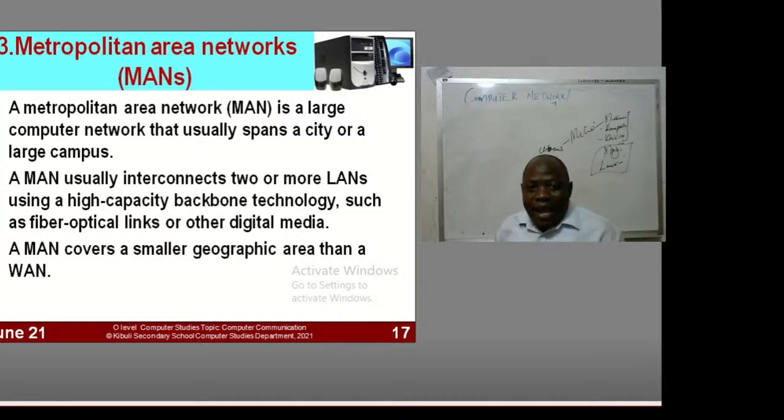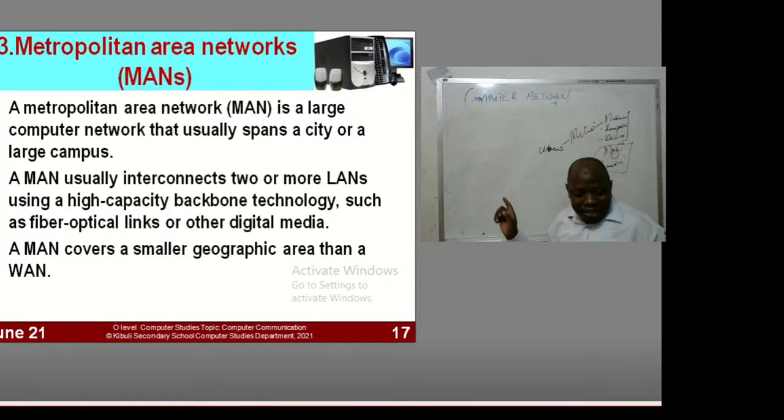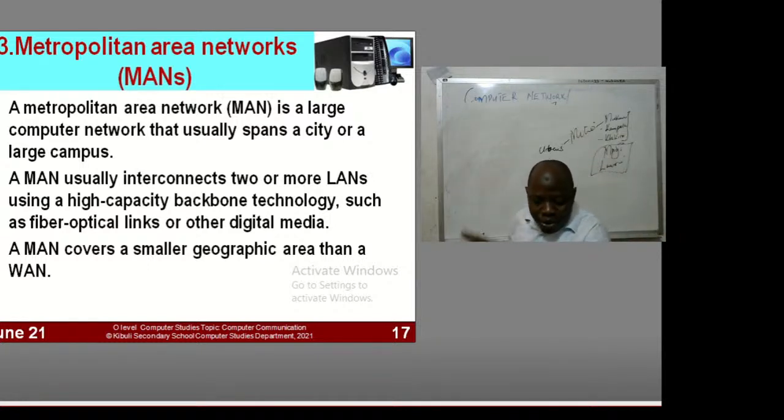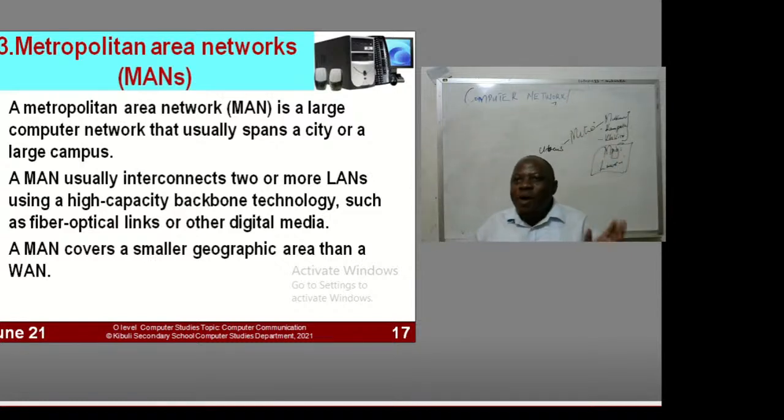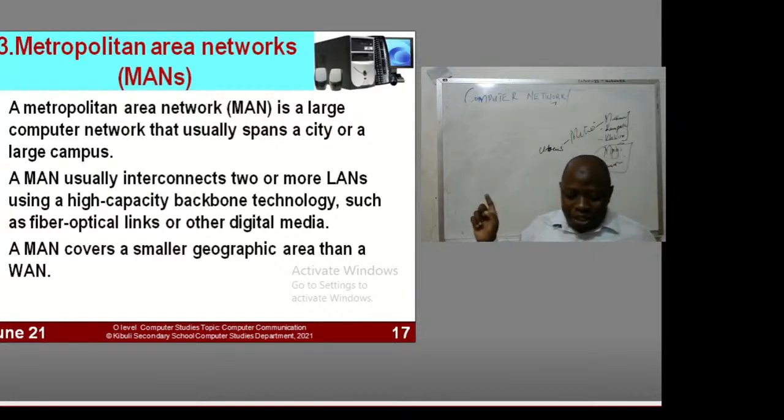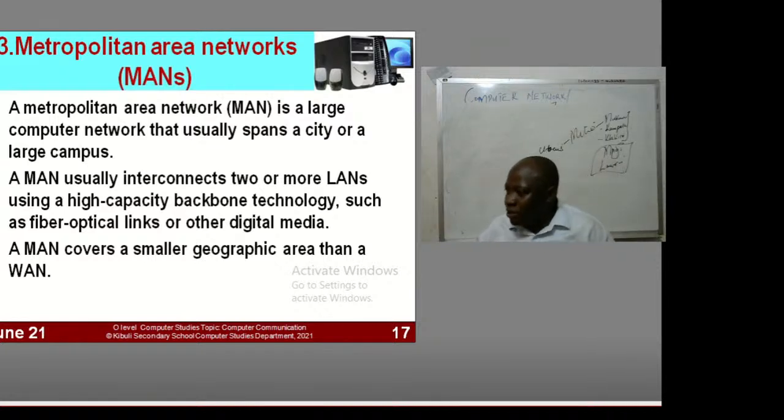But as I'm considering metropolitan, we are talking about a network that interconnects two or more LANs. We may have one LAN for Kampala district, another for Mukono, another for Wakiso. When it interconnects those, it makes use of a backbone technology, such as fiber optic cables.